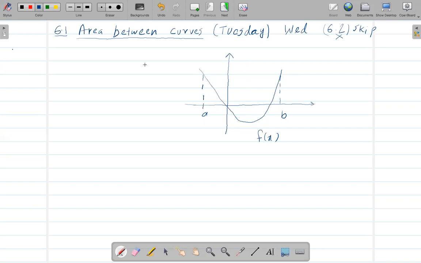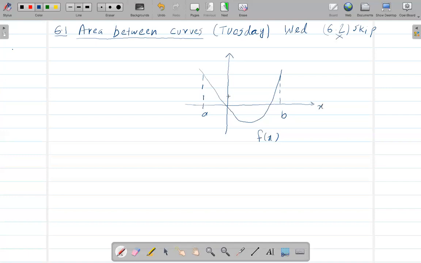Okay, now this lecture is about area between curves. Before I start this section, let me review what I did last week. Let's say this is the f of x function, and I want to find the area from A to B. This is the x-axis.